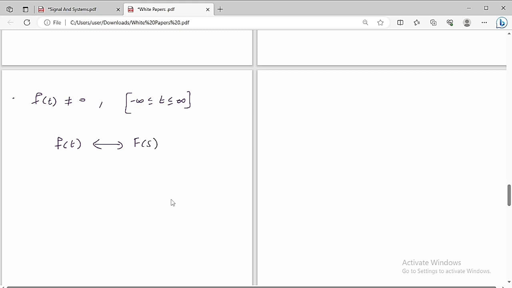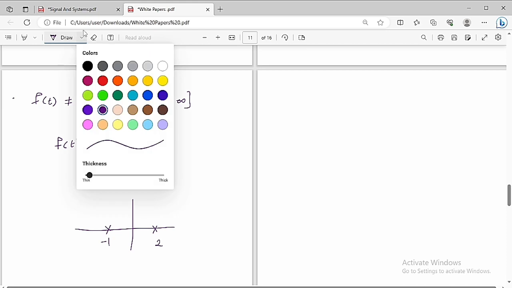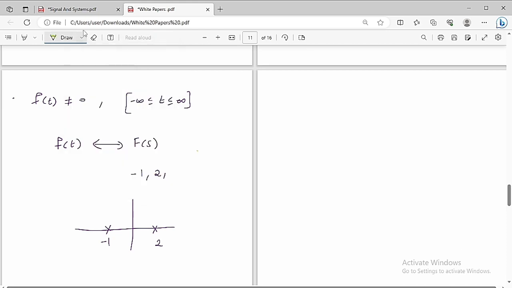And I have figured out the poles for this one: minus 1 and 2. I have got two poles. So let me take the poles and explain. As this given signal is a bisided signal, the ROC is going to lie between the two poles.